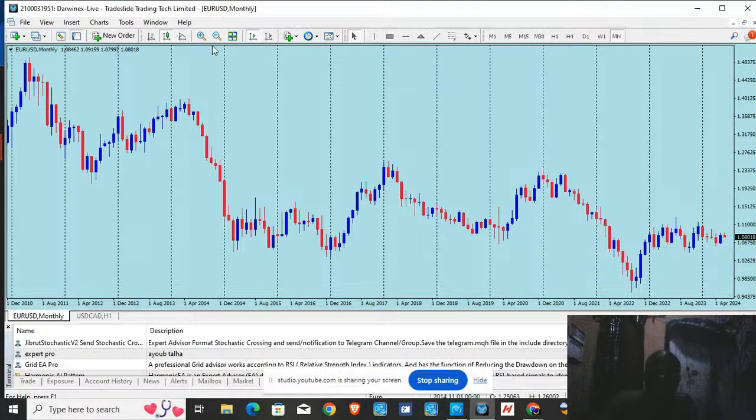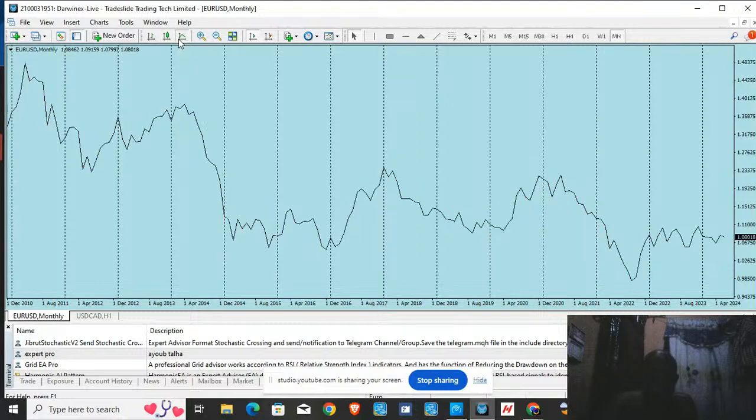I can now use my line chart. My line chart will give me exactly where all the support zones, demand zones, and supply zones are. Instead of using a horizontal line, I can use a rectangle.